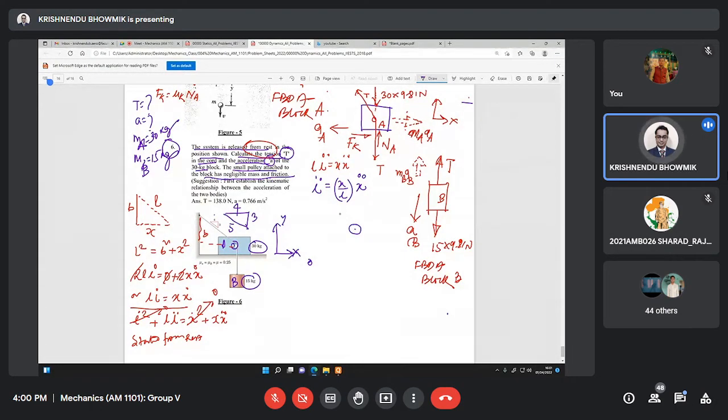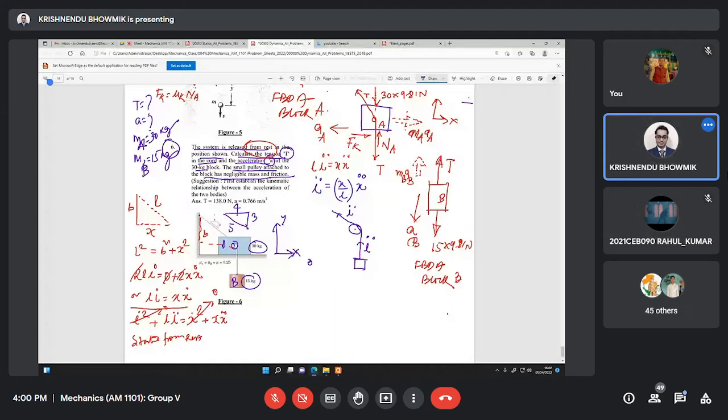If this is the pulley, then if it is L double dot, then here also it is L double dot. Agreed or not? Pulley length. If that is L double dot, the other one from the pulley, upper portion and lower portion, acceleration will be the same, is it not? Yes, sir. That also you have observed.